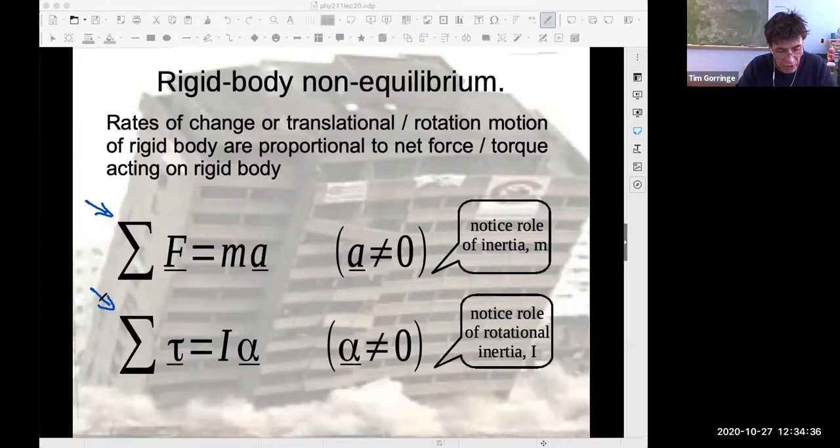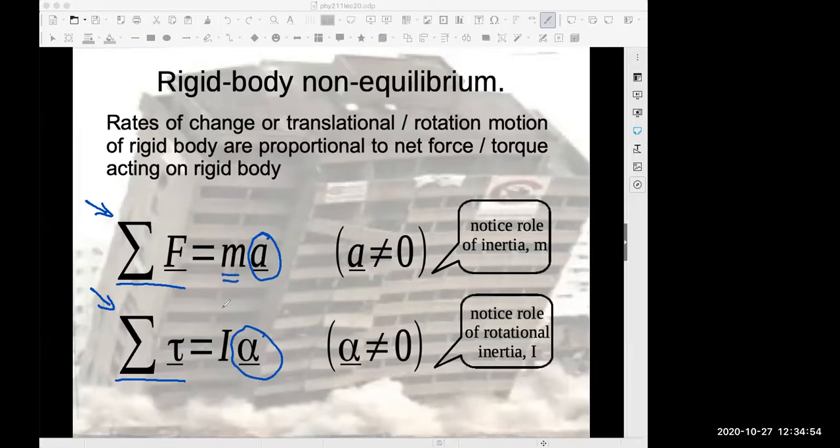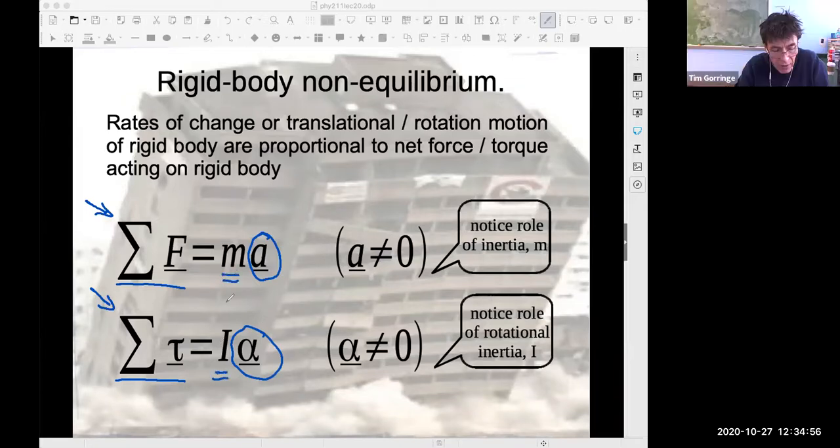In these equations, you see the net force that's acting on the body on the left, you see the net torque that's acting on the body on the right, you see the resulting linear acceleration and angular acceleration on the right-hand side here, and you see a couple of important quantities. They're the mass or inertia of the rigid body, that's the m.